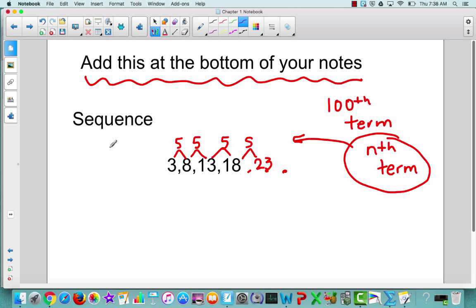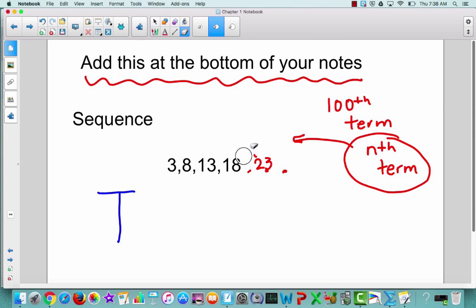The first thing that I like to do is make a little chart. Let me erase this for a second. I'm going to let the x's be n instead of x. This is the first term, the second term, the third term, and the fourth term.